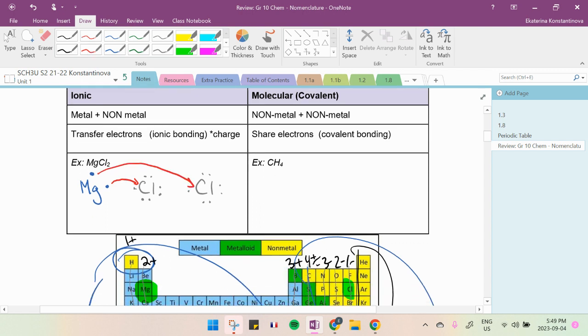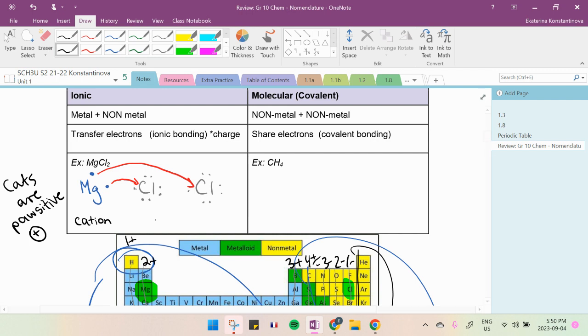Because magnesium transferred its electrons and gave away its electrons, we say that the magnesium ion is our cation. Okay, remember that cats are positive, and that should remind you that cations are positive. They lose electrons.